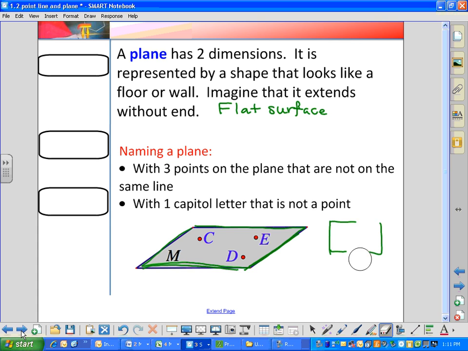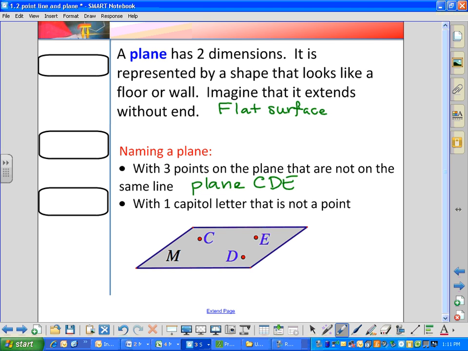The way that we name a plane is, again, we have 2 choices, just like with a line. We can either name it with 3 points that are on the plane, but they can't be all on the same line. Notice how in my picture here, C, D, and E form a triangle. They're not all 3 of them on the same line. That's good. That means that I can use those 3 points to name my plane. So I could call this plane C, D, E, for example.